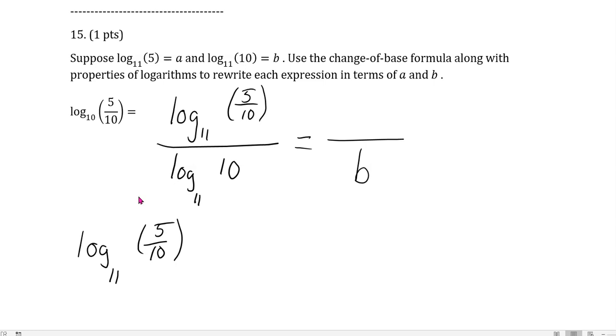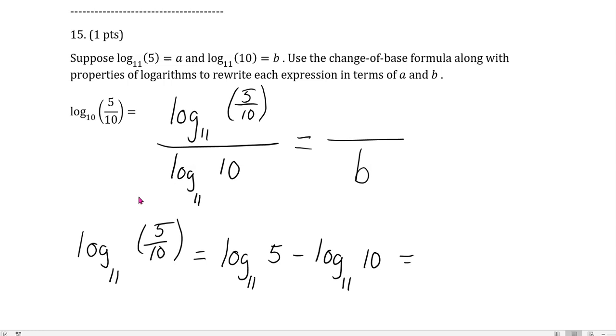In this particular case, this can be split up using the quotient rule for logarithms, that when we have a ratio of factors in the answer part, it becomes the difference of the logarithms. The positive one is from the numerator, and the negative one is from the denominator. This gives me the log base 11 of 5 minus the log base 11 of 10.